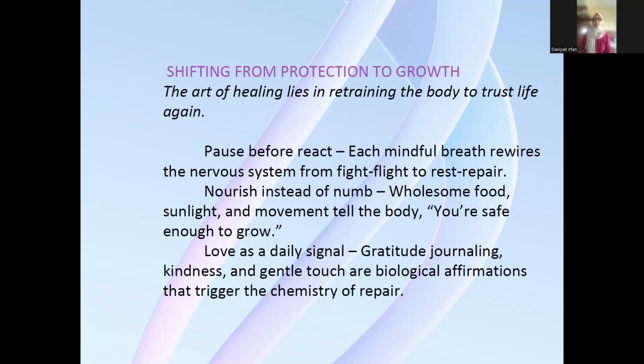As human beings, when something angers us, we tend to react. But when you pause before you take that reactive step, each mindful breath rewires the nervous system from fight and flight to rest and repair.